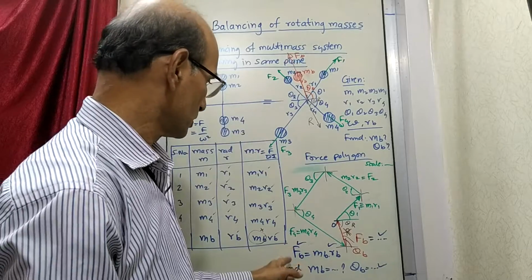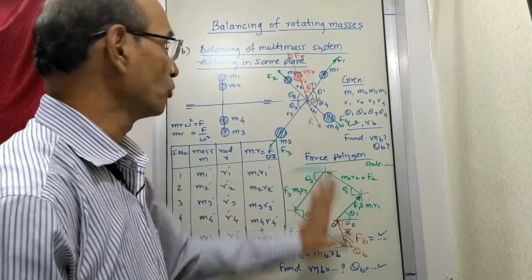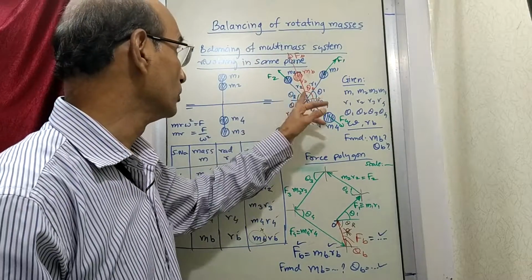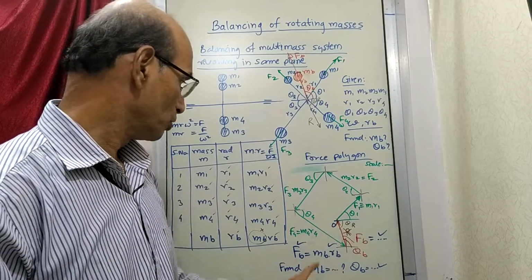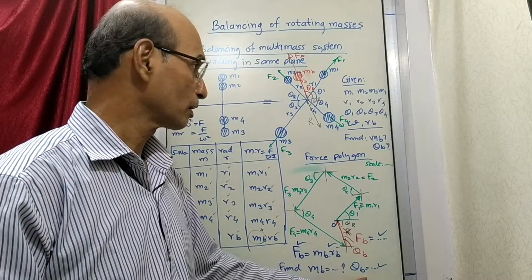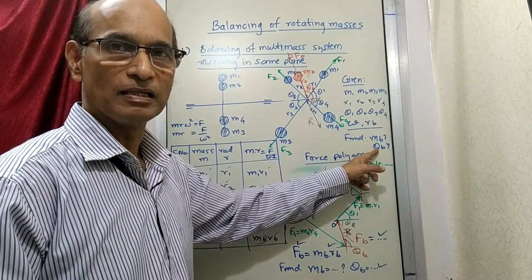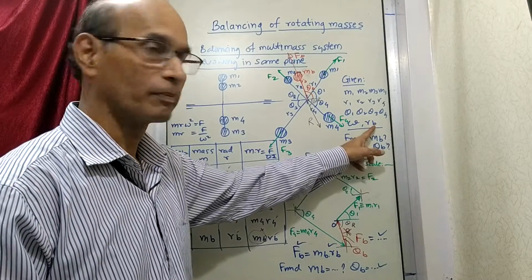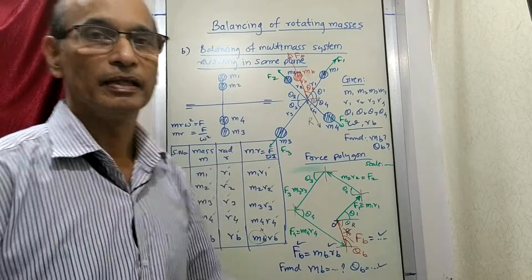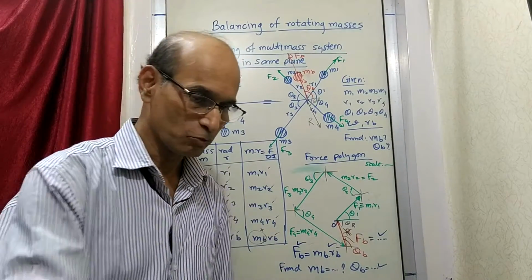FB is the force. So all the required things we have shown, and for the multiple mass system, this is going to be the balance mass. The value of balance mass you can calculate, so and so. Angle you can measure. So this much balance mass at this angle, if you place at a distance of given RB, then all these 4 earlier masses will be balanced. That is what is asked.